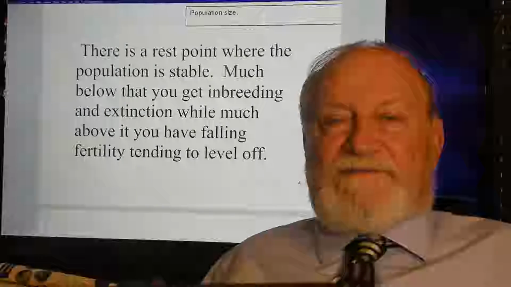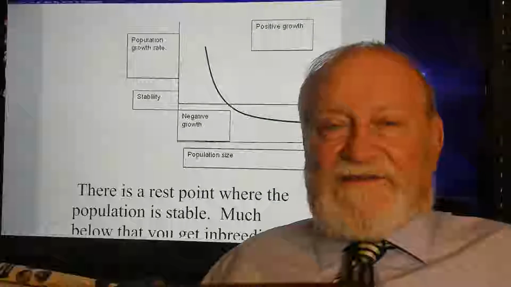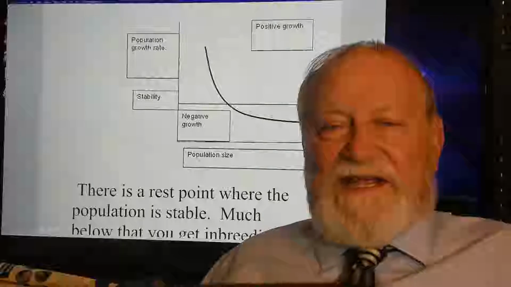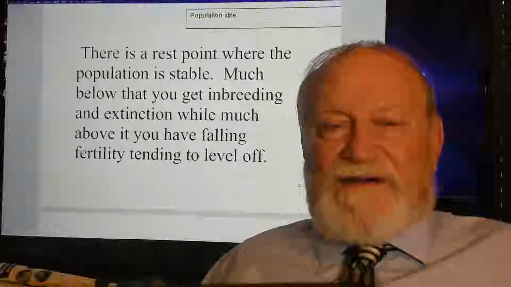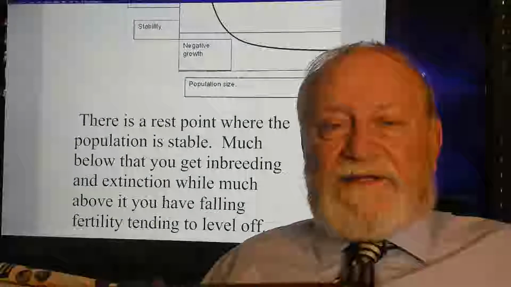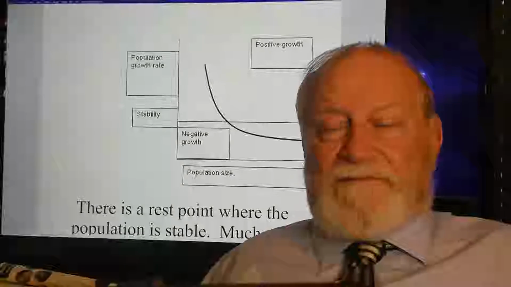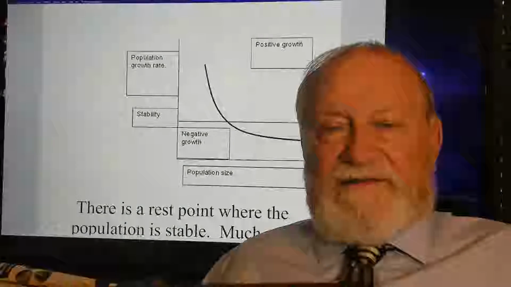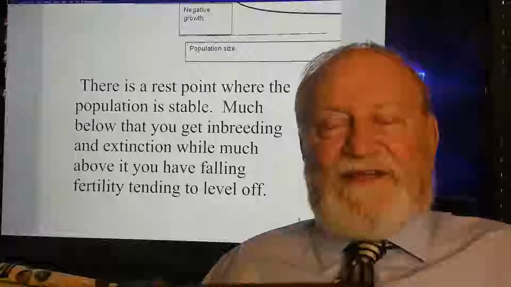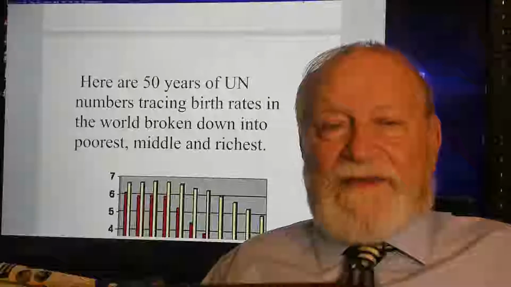If we go much lower, make the population much lower, we'll get inbreeding and the population will go extinct. If it gets much larger, we'll get infertility and extinction. So there you have it. That's been seen in 1,700 different studies of different kinds of animals.